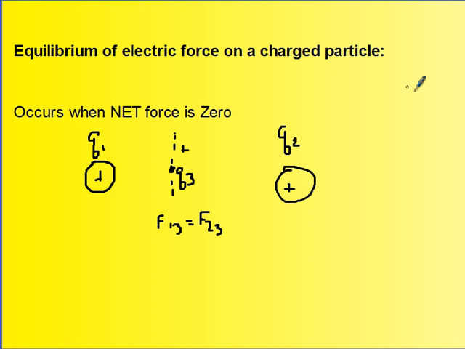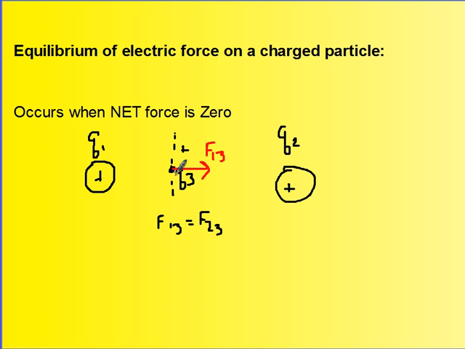Let's look at the direction of these forces. Q1 and Q3, I'm going to put my pencil on Q3. Now what is Q1 doing to Q3? Because they're both positive, it's going to push it away. So this is the force of 1 on 3. Now I'm going to switch colors. What happens to the force of 2 on 3?